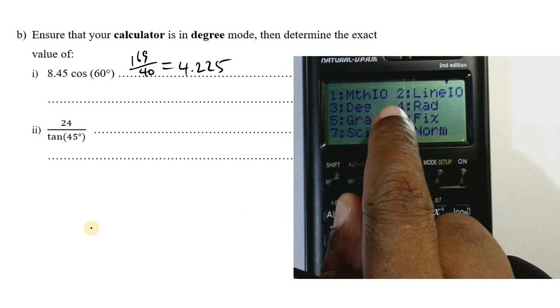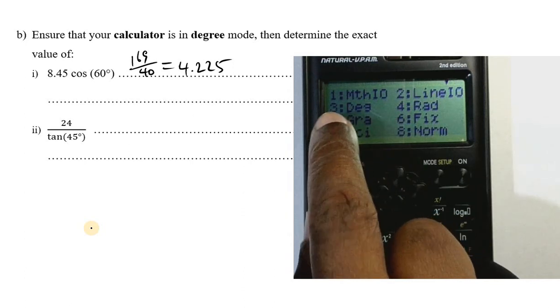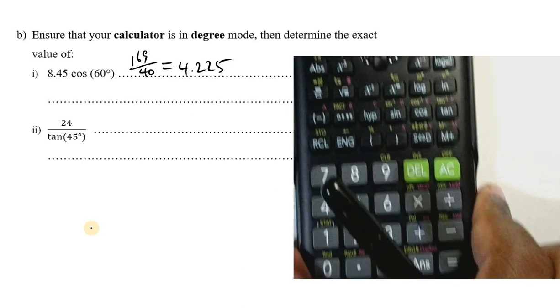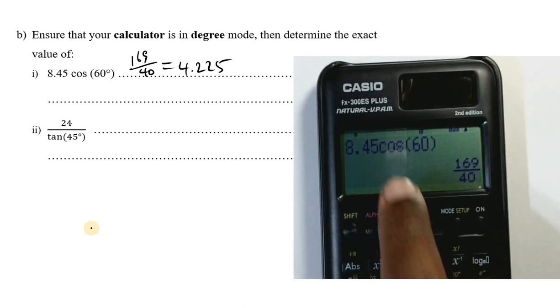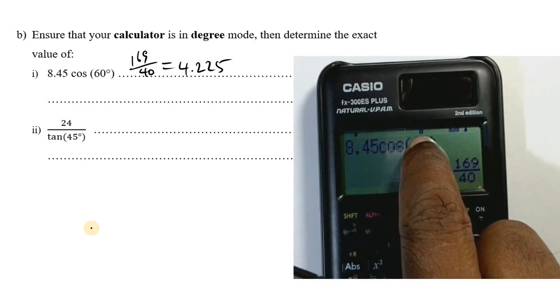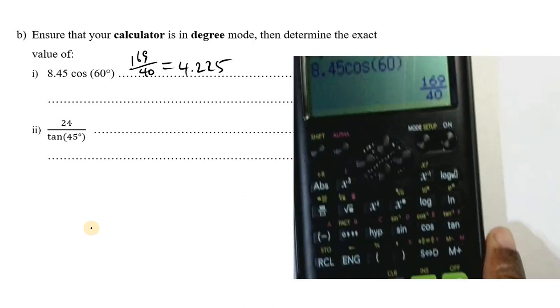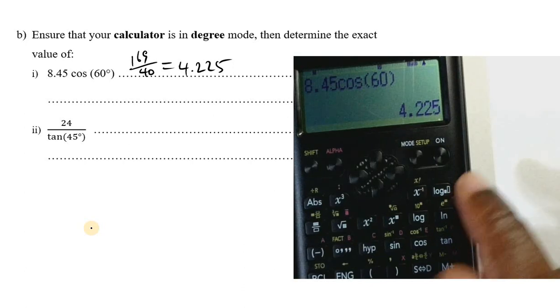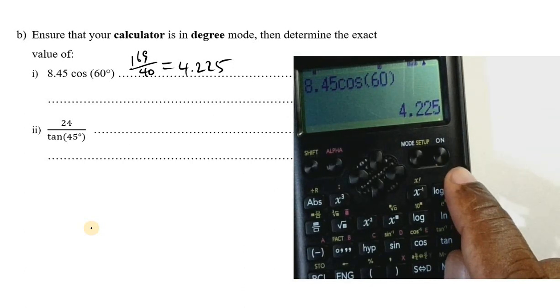That will be the wrong mode. You want it in degree mode. So you need to enter 3 in your calculator. Once you enter your 3, you should see the D here, or the DEG. And then it will give you the correct answer. Alright, so you want to write that down.